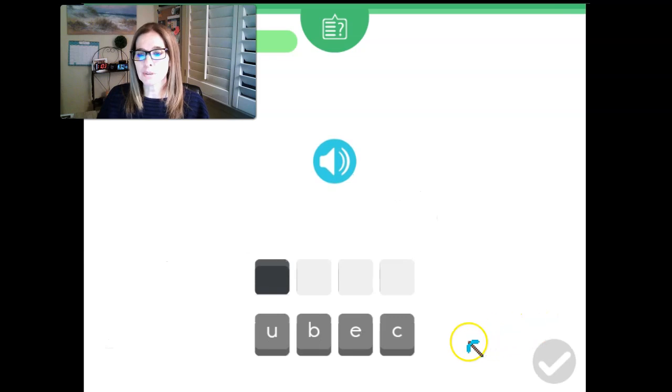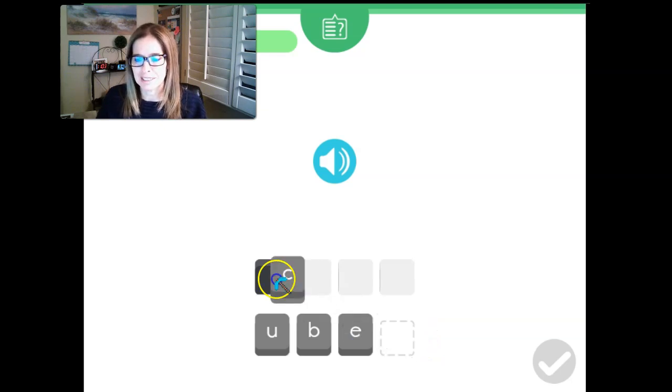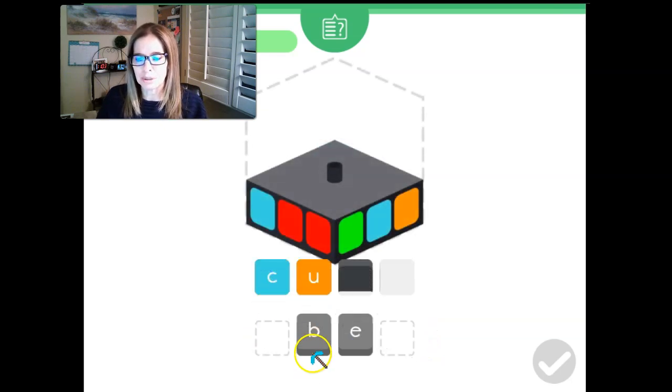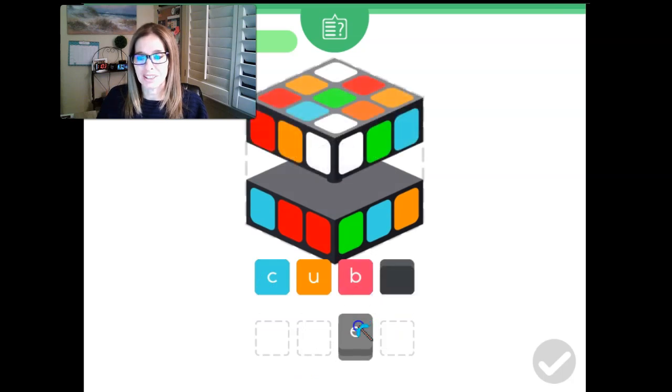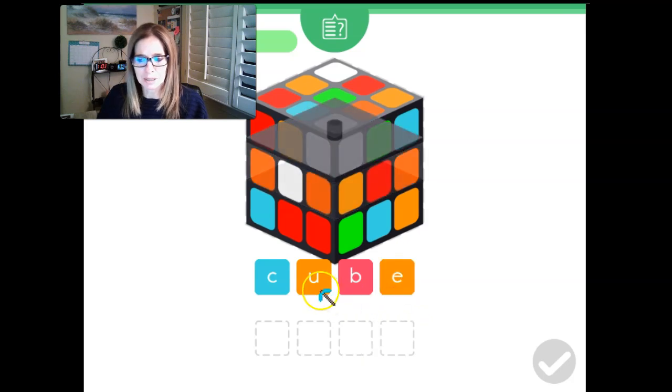Cube. So I'm going to build the word cube with the U as in cube spelling. U, B. Right now, if I don't add that word, can you read the word I have? Cub. I have cub, like a bear cub. We don't want a bear cub. We want to build a cube. So I need the U separated E spelling to make that flex to U, don't I? So let's see what we built.